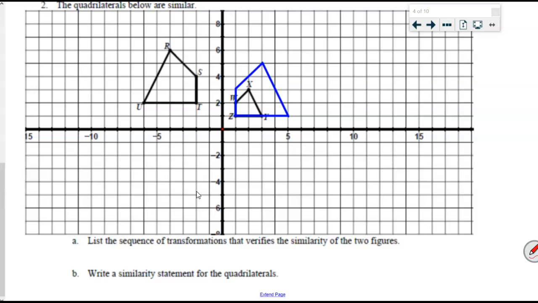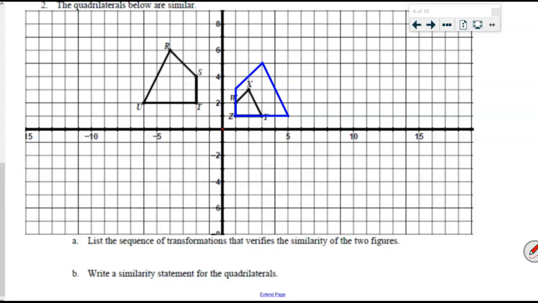Fits. Keep going, because I can't just say dilate. I need all those pieces of information. So close. You're so close. Dilate by a scale factor of 1/2. X or S. But you're right, we need to include our center of dilation as well.